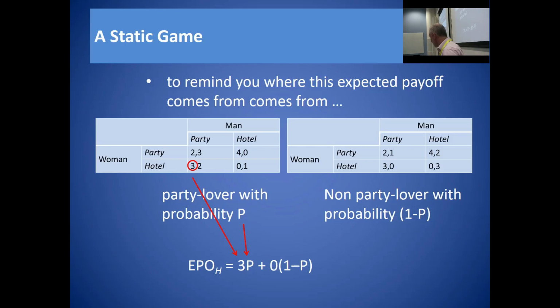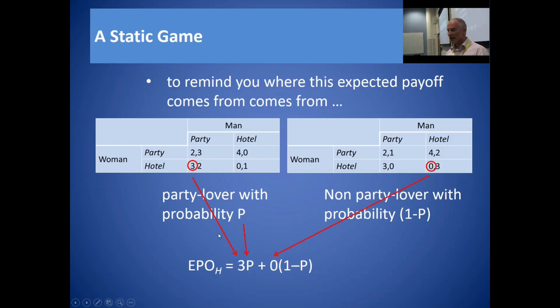Go to the hotel. So the woman is going to get a payoff of 0. That's where our 0 comes from.